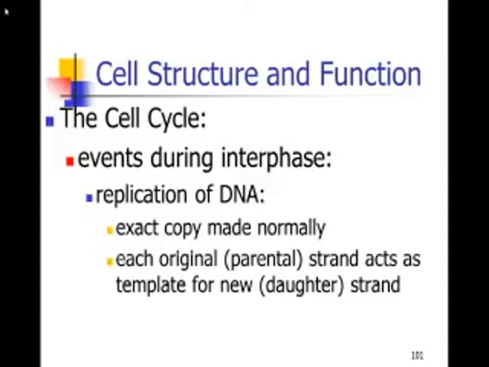You don't want to have a lot of variation with the DNA, and so the duplication results in sister chromatids that have pretty much exactly the same information. Now, is it possible for mistakes to occur? Yes, it is. And when those mistakes occur, it usually is sort of unfortunate, but that does happen. So each of the original parental strands of DNA acts as a template, and you get a new daughter strand that is exactly the same.